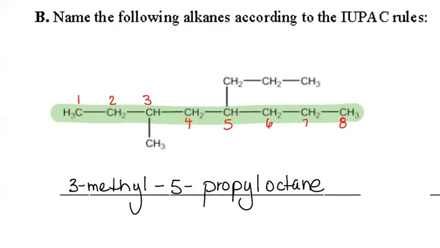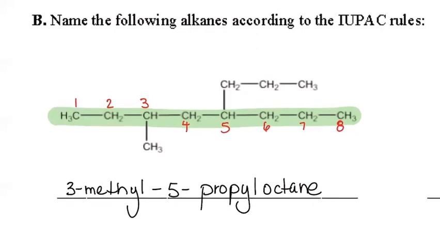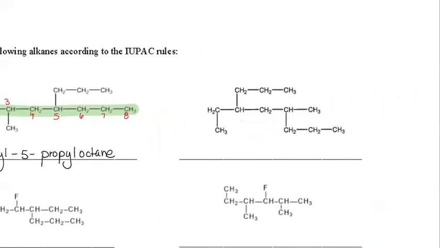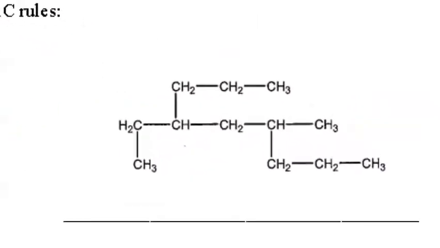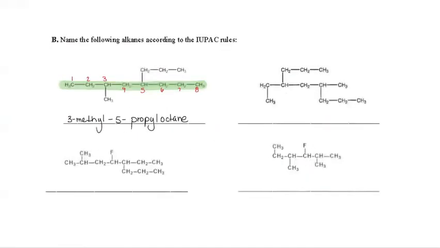Let's try to do as many of these as we can before I let you guys go. Oh, look at this beauty. How many? Oh, the dash is always to separate numbers and letters. Always. The hyphen or dash is always, the comma is to separate multiple numbers.